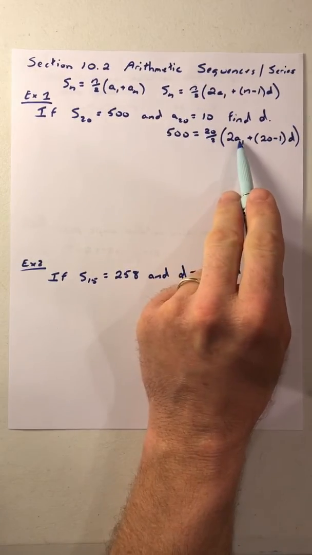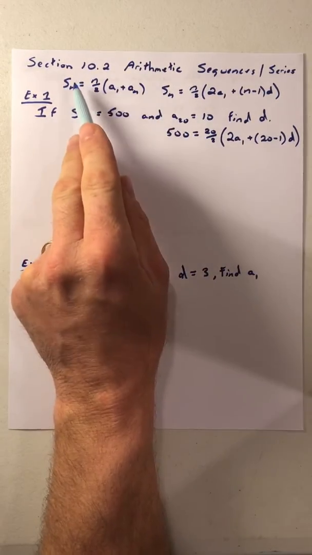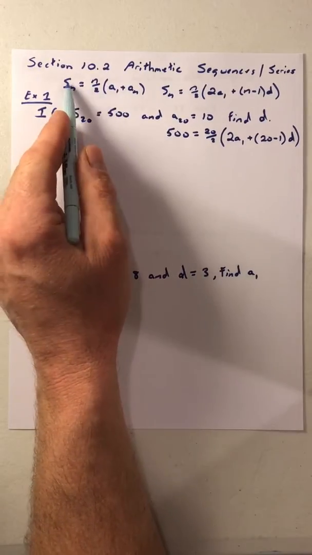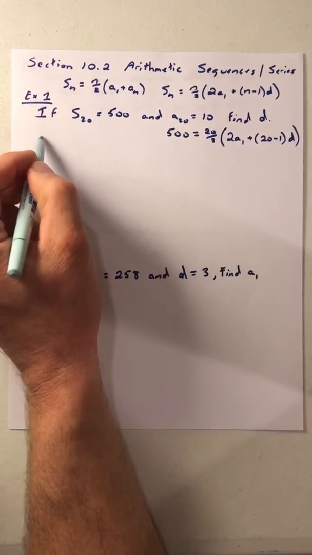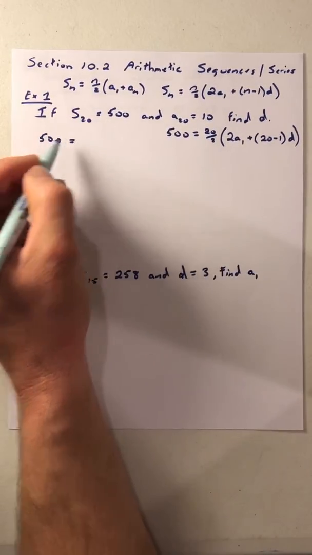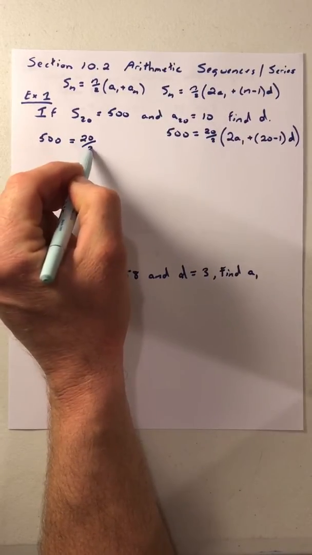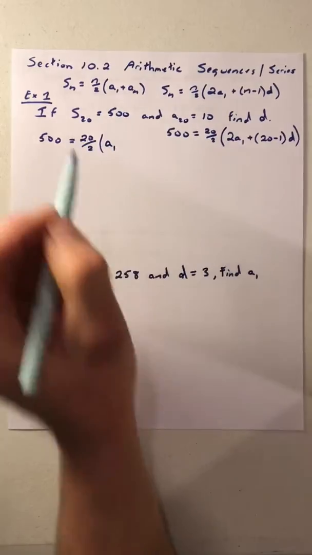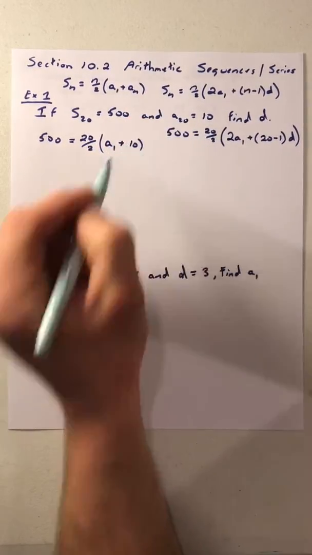So what can we do to find one of these unknowns? Well, a sub 1 is also in our original equation. So if we come back to the first equation and plug in what we know: the sum of the first 20 terms, when n is 20, is 500. That's going to equal 20 divided by 2 times a sub 1, which we don't know, plus the 20th term, which we know to be 10.